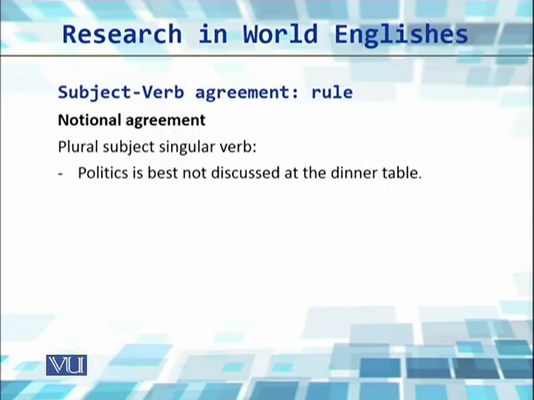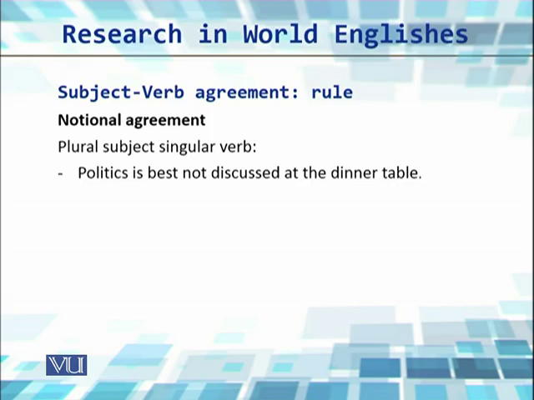Similarly, there are certain nouns which look plural because of the presence of s at the end. However, notionally, they belong to the category of singular nouns. So if such a noun acts as the subject of a sentence, it should take a singular verb and not a plural verb. For example, the word politics.